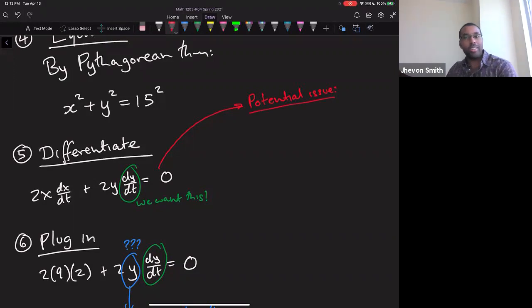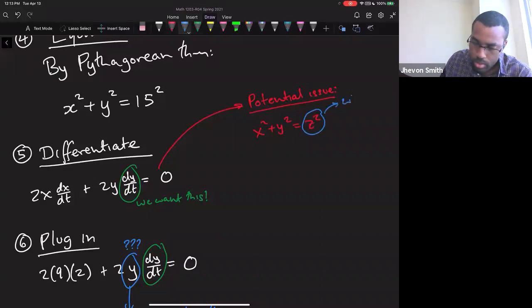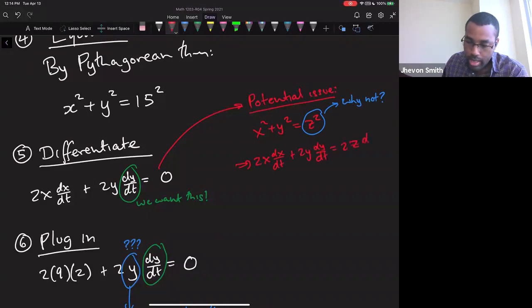So for the past couple of years, I've been recommending against doing something like this with x squared plus y squared equals z squared. Why not? Well, when you get to this point, you would have 2x dx/dt plus 2y dy/dt equals 2z dz/dt.